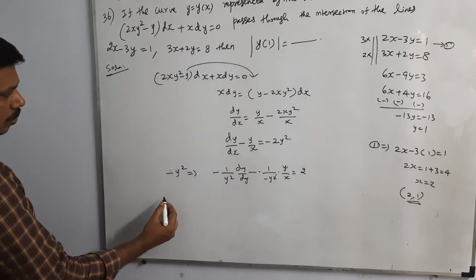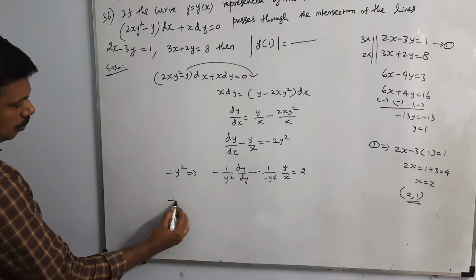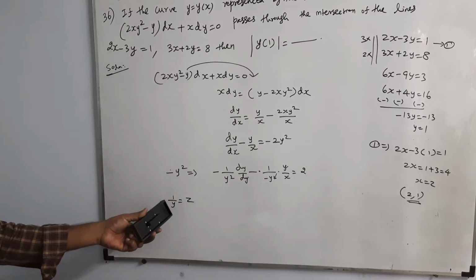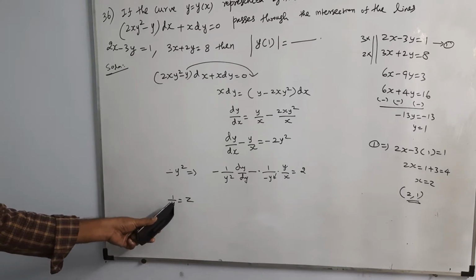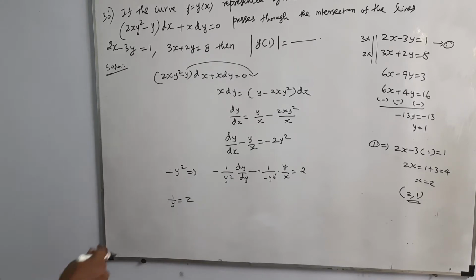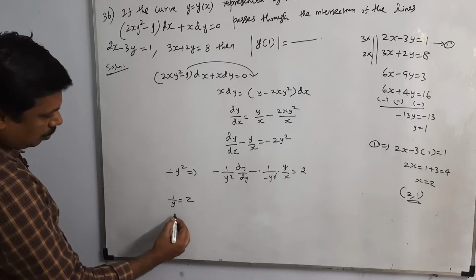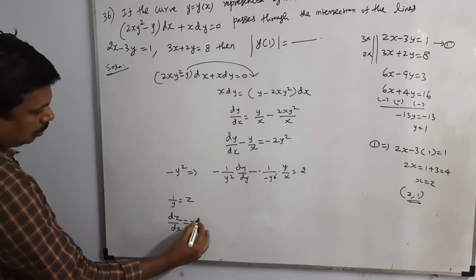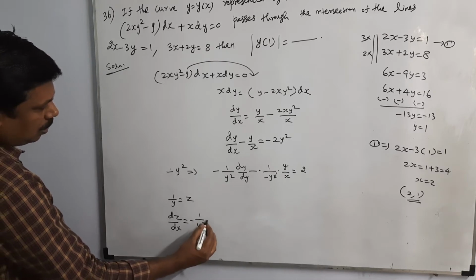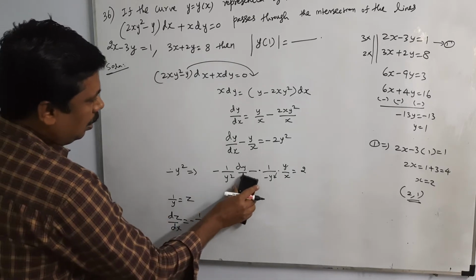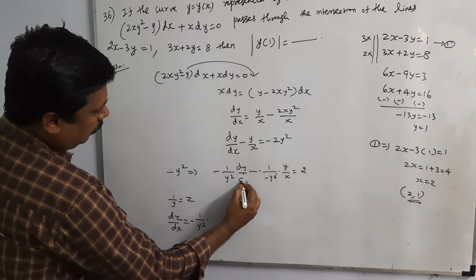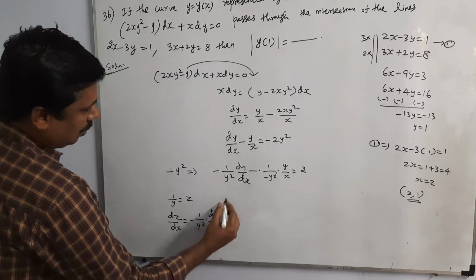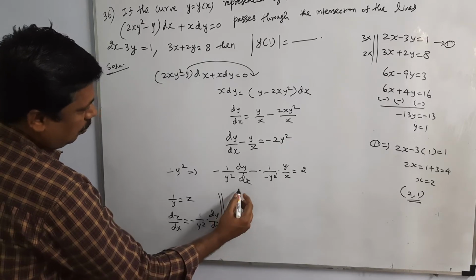In this stage you just substitute 1 by y as z. Take another variable, give name 1 by y as z. What is dz by dx? This is minus 1 by y square into dy by dx. So now change everything.